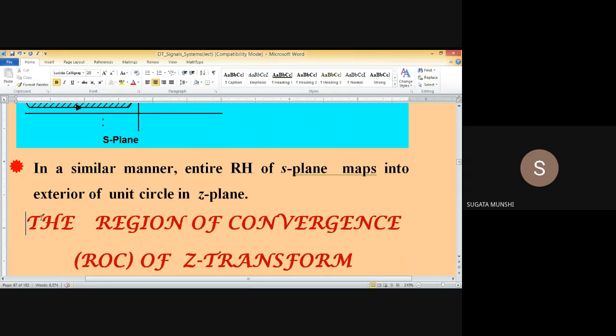I have already pointed out the meaning and the implication of the region of convergence of the Z transform.